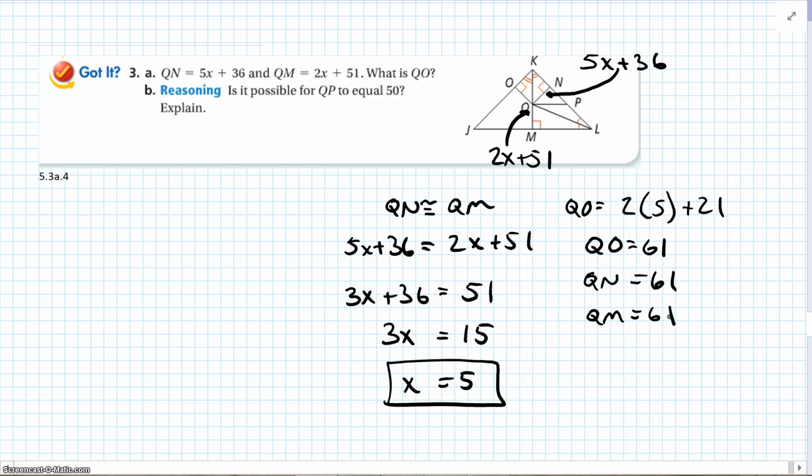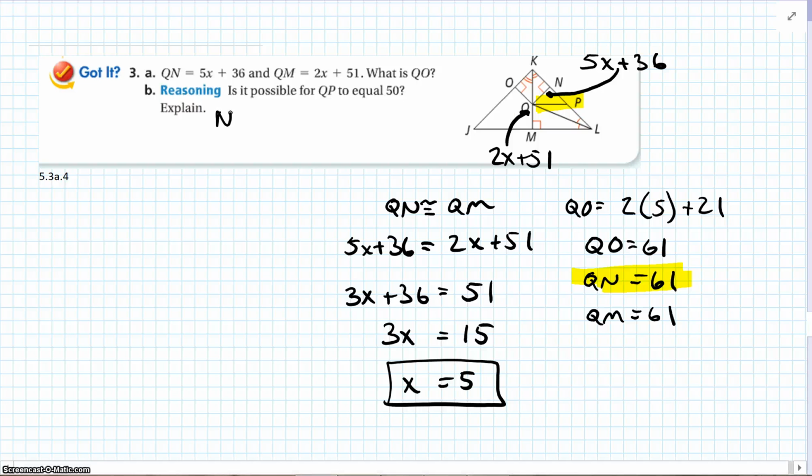All right. Is it possible for QP to equal 50? Well, QN equals 61, and it is the shortest distance between a point and the side, that segment. So there is no way QP could be less than 61.